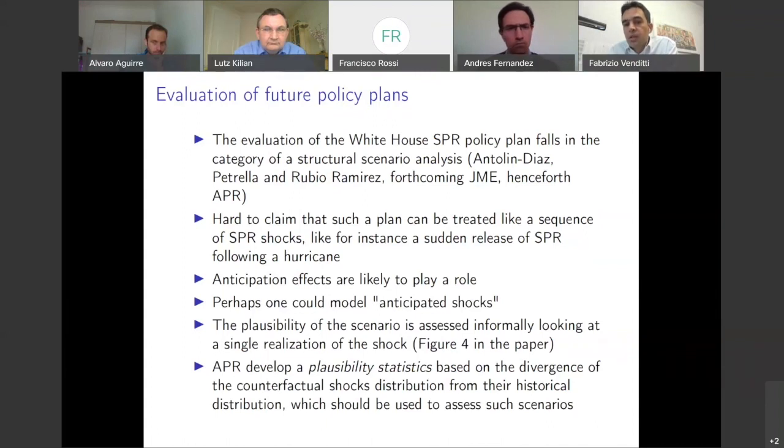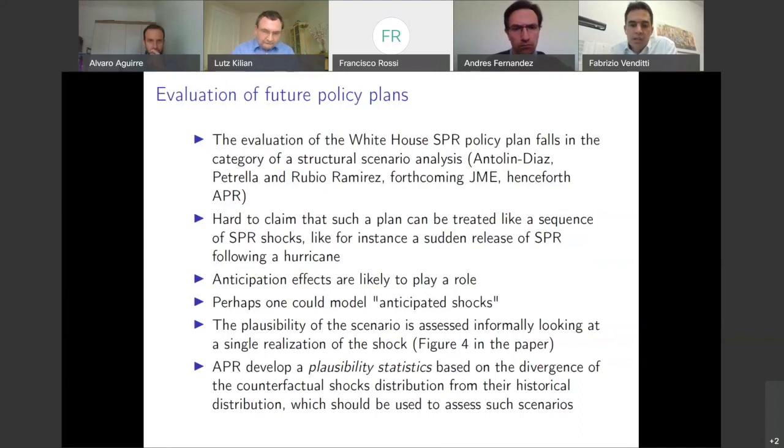In the paper that I mentioned, they use a structural VAR to evaluate the possibility of moving from one monetary policy regime to a different one, in which, for example, the Fed uses a make-up strategy to make up for past unsuccessful attempts to stimulate inflation, and they model this as a sequence of anticipated shocks.